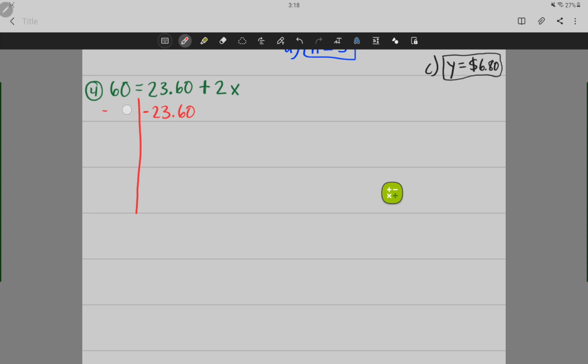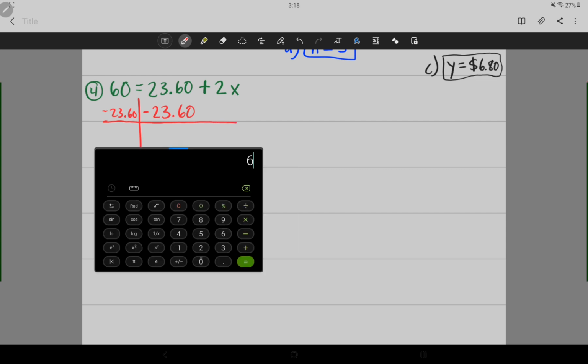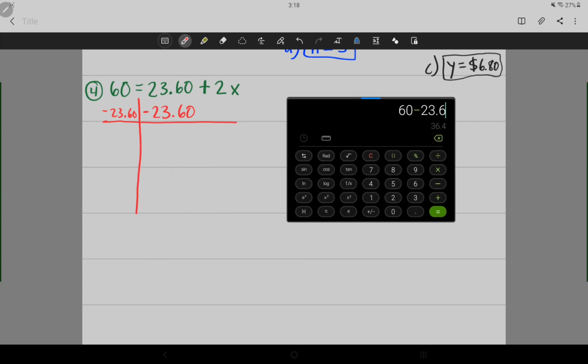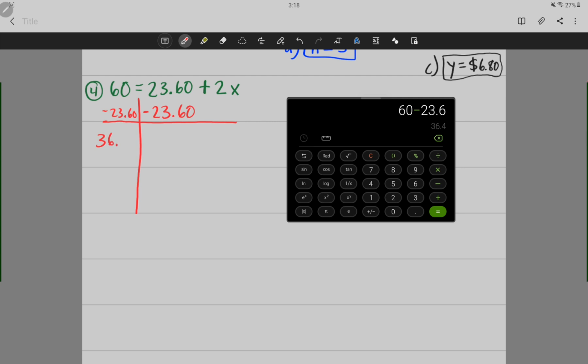Oops, let's just write this a little smaller. Okay, so $60 minus $23.60 is $36.40. Yes, I know it says 36.4, but it's dollars, so we need cents, two digits after the decimal. Let's put 40.